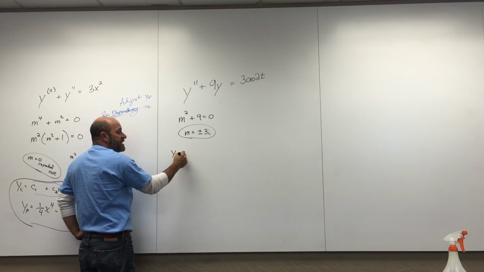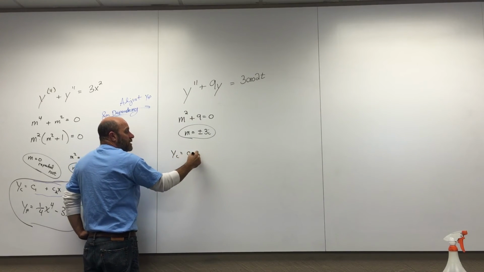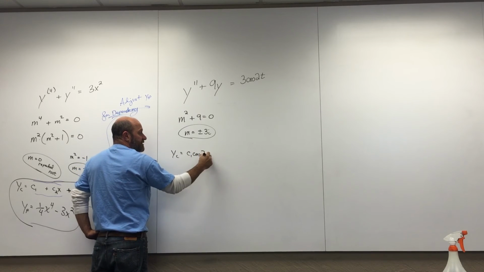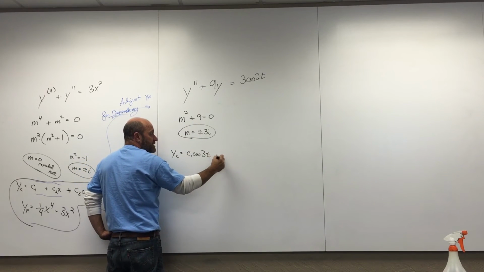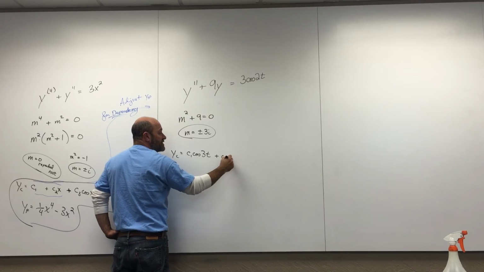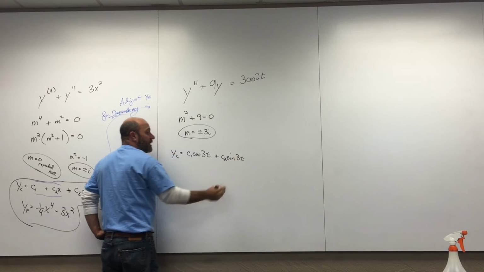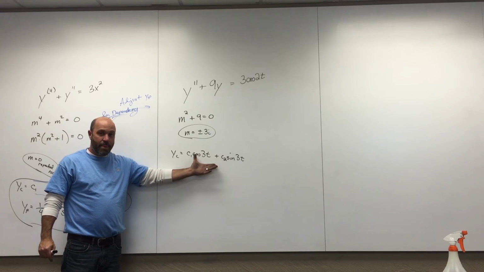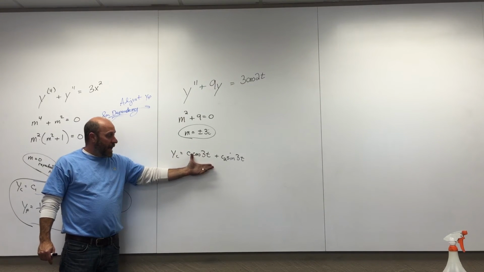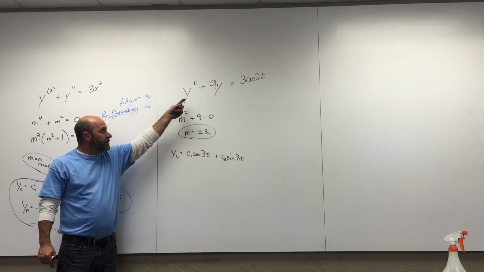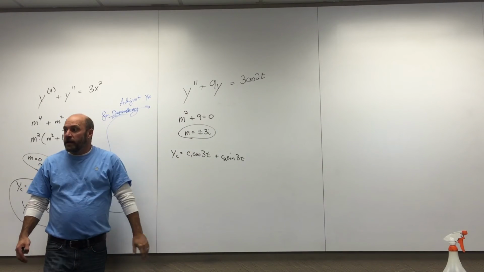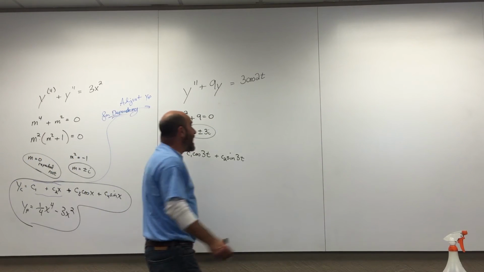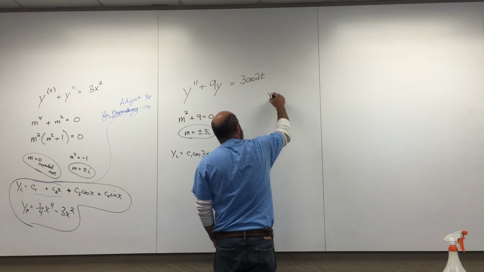I know how to write that. My YC is C1 cosine 3t. I'm using t or x, it doesn't matter. C2 sine 3t. Okay, good. That's how you do it. That's the kind of answer you get. Now I should make a guess for my YP.